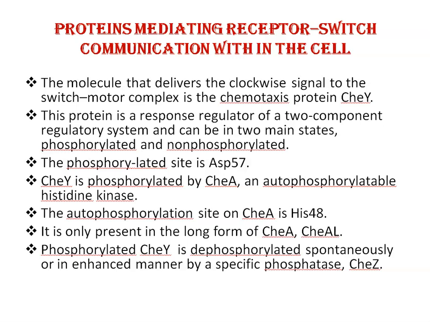Phosphorylated chemotaxis Y is dephosphorylated spontaneously or in an enhanced manner by the specific phosphatase chemotaxis Z. So the short form of chemotaxis A, chemotaxis AS, forms complexes with chemotaxis Y and chemotaxis Z and activates the latter, at least in vitro in lab conditions. Chemotaxis Y can also be phosphorylated by small phosphodonors that reside in the cell, but their contribution is negligible relative to that of chemotaxis A.